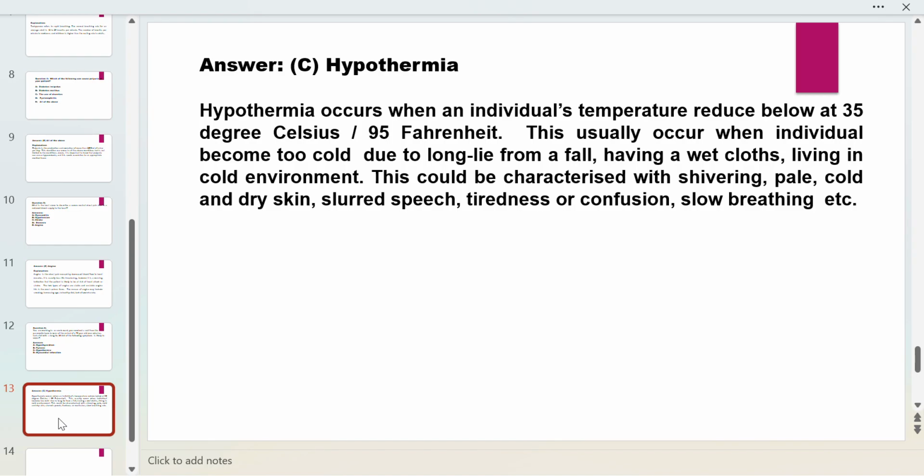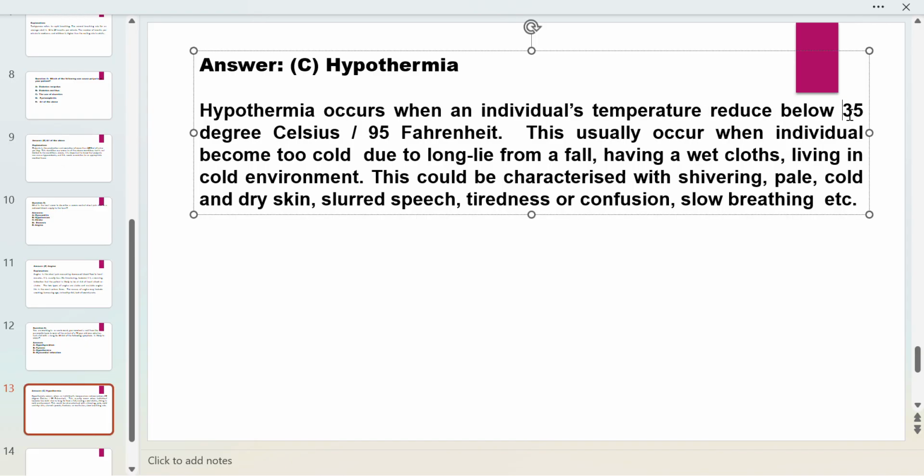Right, let's review the answer. It says hypothermia. Hypothermia occurs when an individual's temperature reduces below 35 degrees Celsius or 95 Fahrenheit.